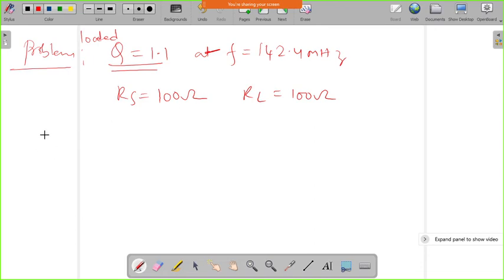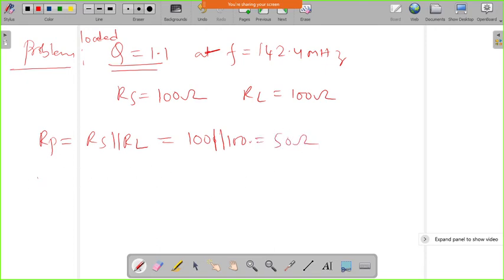Okay, so for designing the resonance circuit, first you calculate what is Rp, which is nothing but Rs parallel RL. So Rs parallel RL is 100 parallel 100 ohm, which will give 50 ohm.